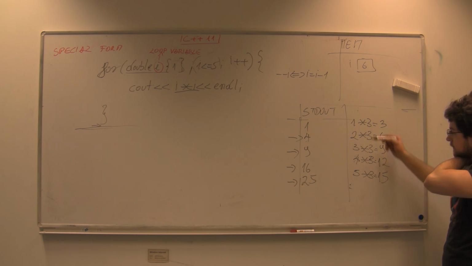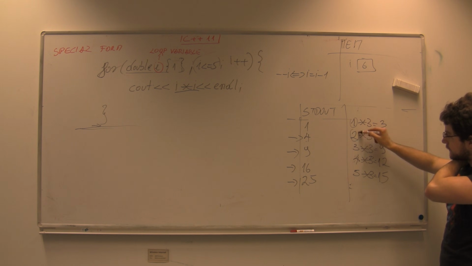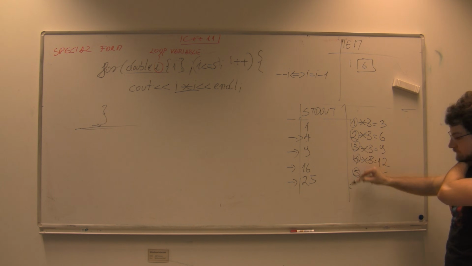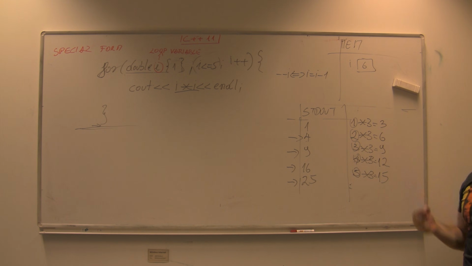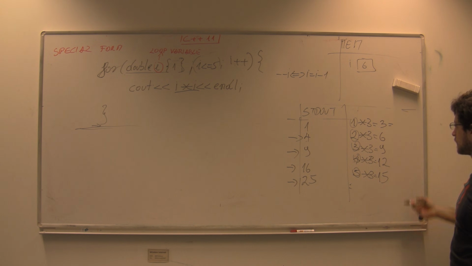Again, we notice a pattern. We have a sequence of values that we can generate by our loop variable iterating from 1 to 5. So this expression could be rewritten like this.